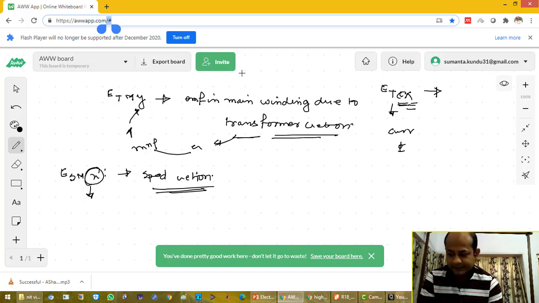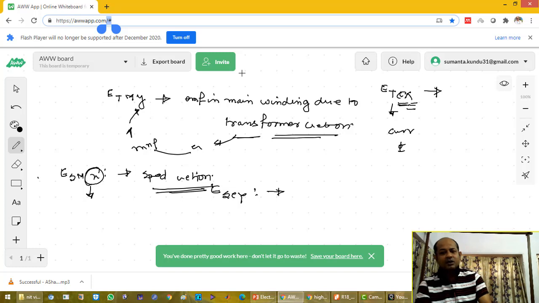Another one is ESCY, the speed voltage produced by the cross field flux in the y axis.